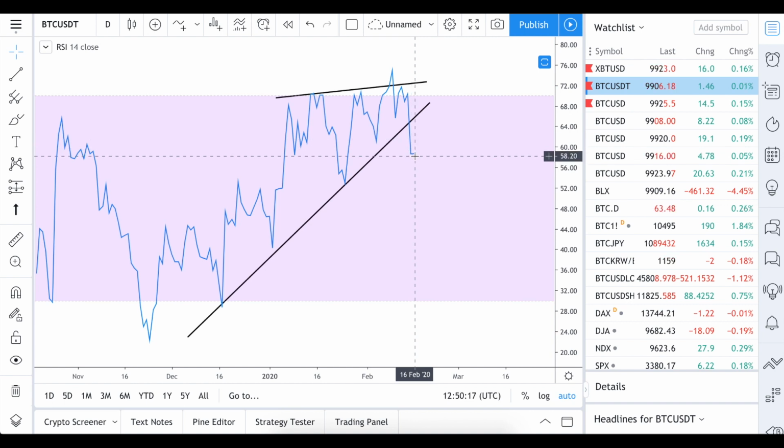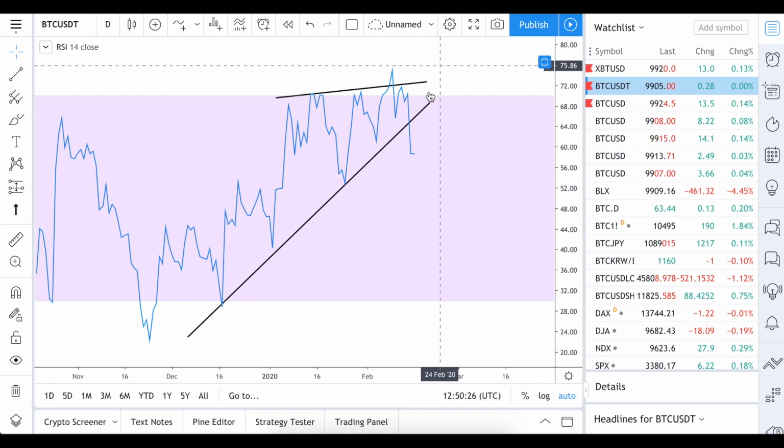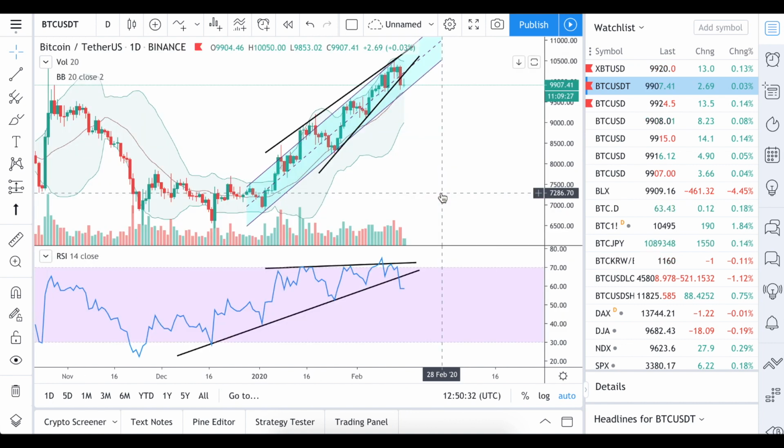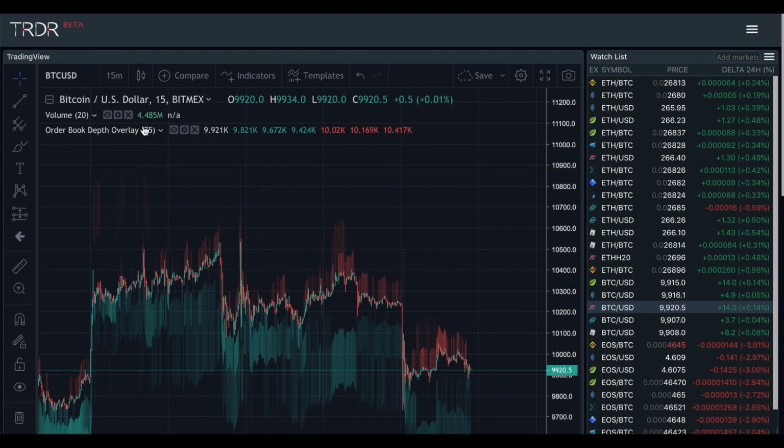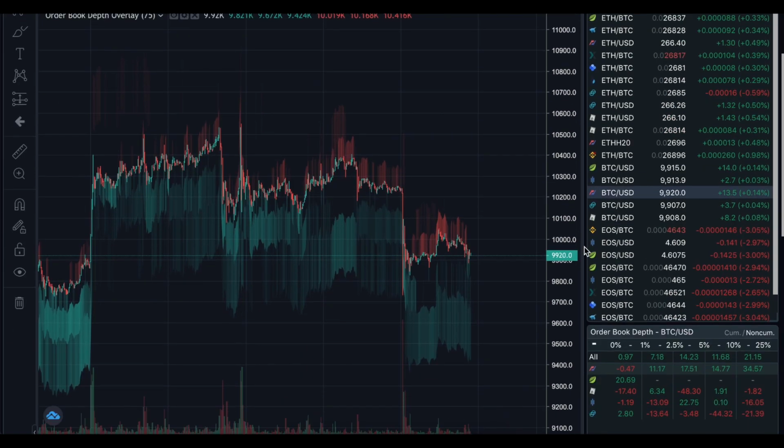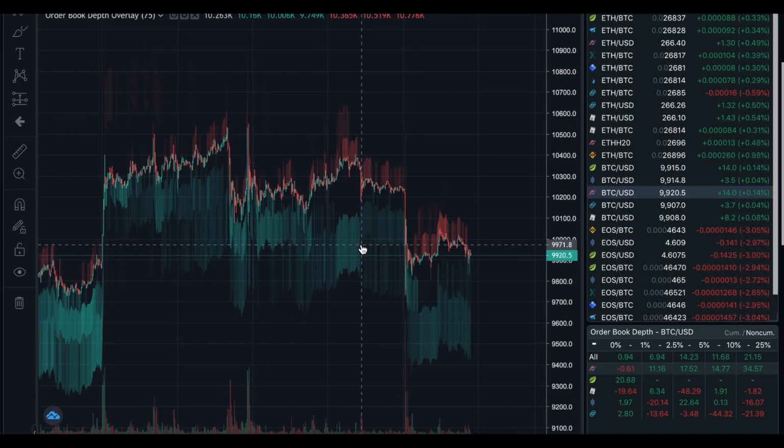So again, if it is not a deep correction, then we might test it once again, and then it will be the decision point whether we will return to the growing scenario, or we will have the continuation of the downside move. And yeah, this is the interesting point in terms of the data set, this kind of indicator which I wanted to show you.